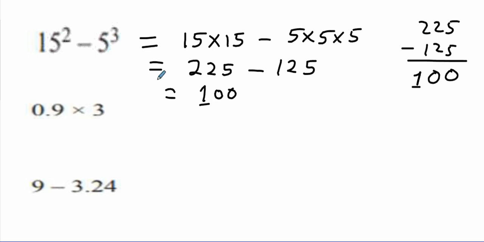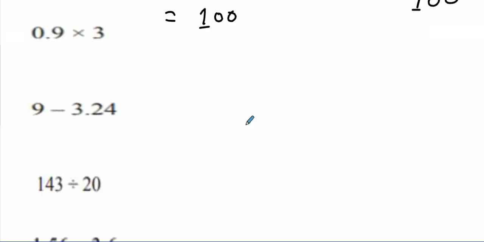Okay. Let us see the next question over here. We have 0.3 times 3, what I said, ignore the decimal point here and concentrate on the whole number, and this becomes 3 times, here we don't have a decimal point, so we take it the way it is. So this is the same as 3 times 3, and the answer is 9.